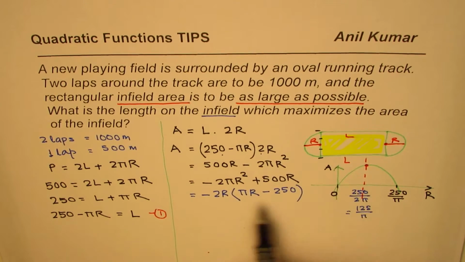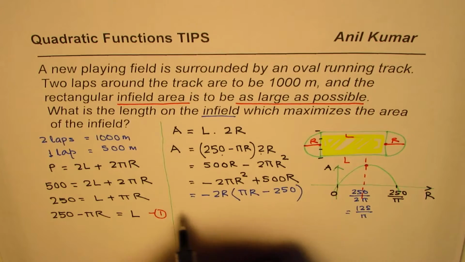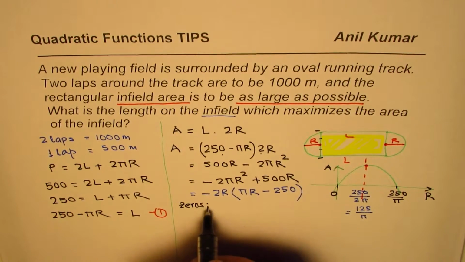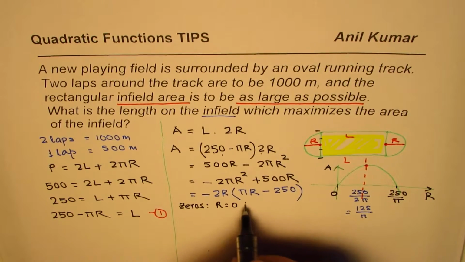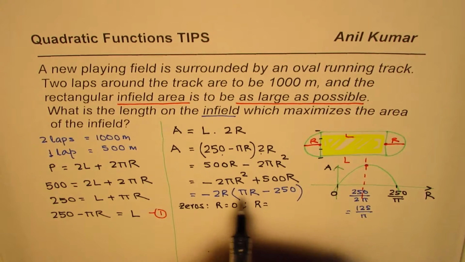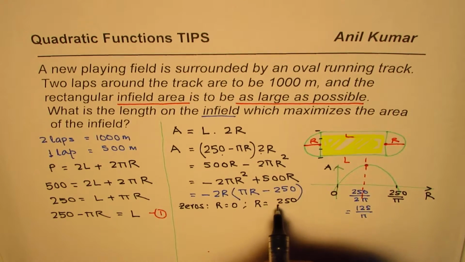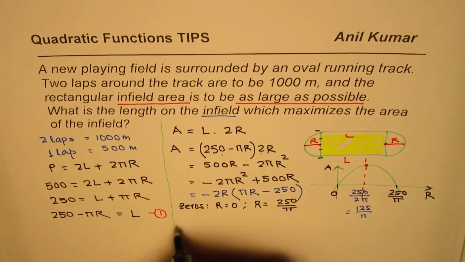So what we did here was that we found the intercepts or zeros, right? We have zeros at r equals 0 and at r equals, when pi r equals 250, which is when r equals 250 divided by pi, correct? Then we calculated the axis of symmetry, right?